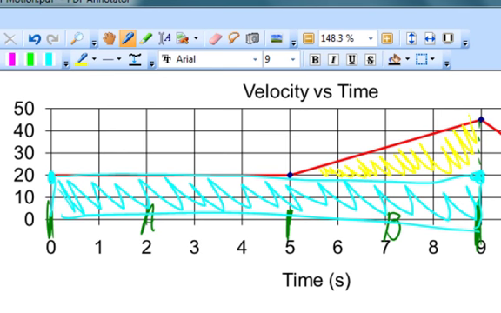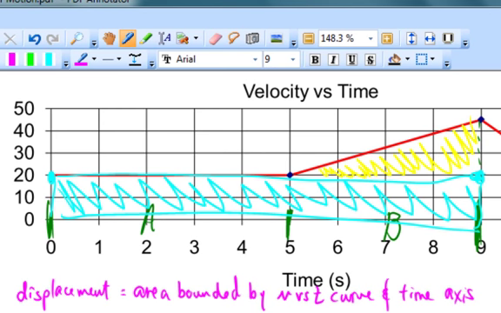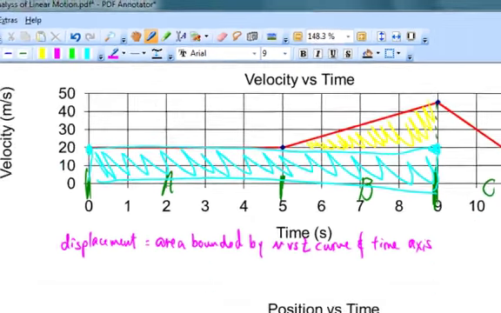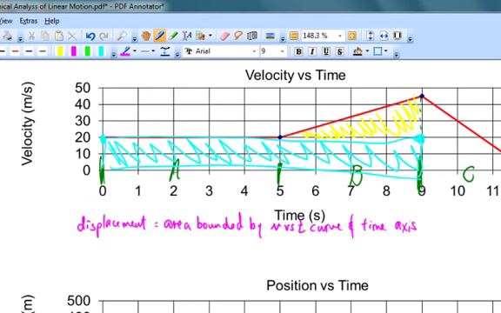So let's figure out the areas of those two geometric figures. The displacement is going to be the area bounded by the v versus t curve and the time axis. I've got 2 pieces, this blue piece and this yellow piece. So I've got the area of a rectangle plus the area of a triangle. The area of a rectangle is the base times the height.